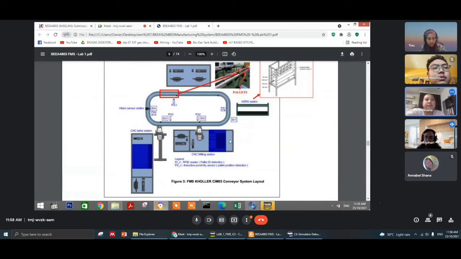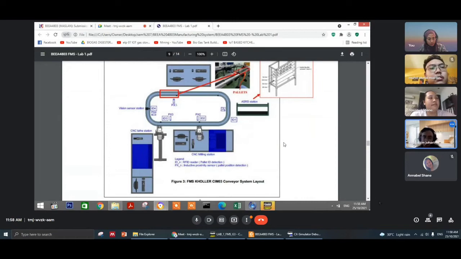When the jig arrives at PX3, it will trigger the CNC lathe station, which will activate the robotic arm to pick and place the aluminum rod at the machine, and then the machine starts. After the machine has finished machining, the robotic arm will pick and place the workpiece onto the jig at PX3.